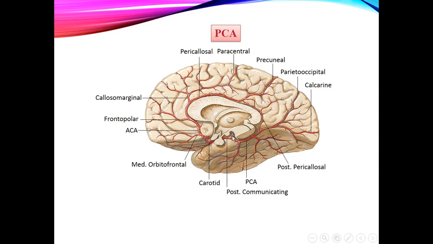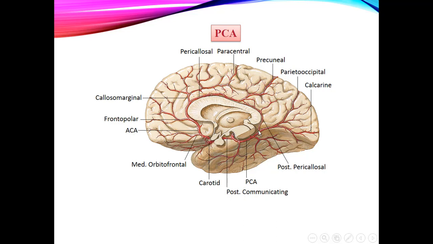The PCA originates from the basilar artery, and as you see, turns back and lies on the parahippocampal gyrus, giving off branches to the parahippocampal gyrus, and also, as you see, it has branches to supply the temporal lobe, the inferior surface of the temporal lobe. These branches are called temporal branches.